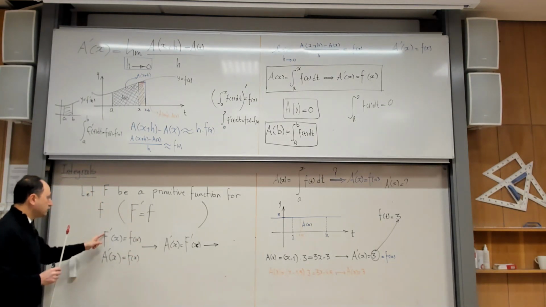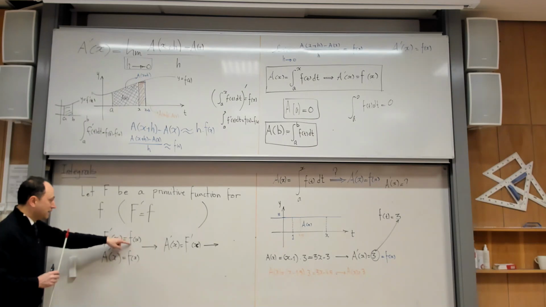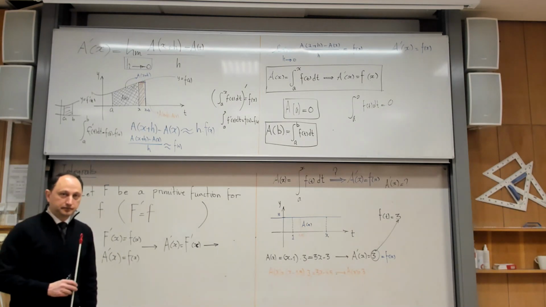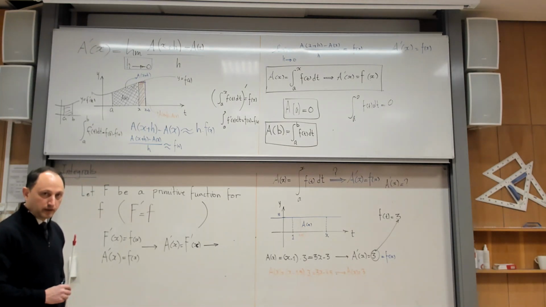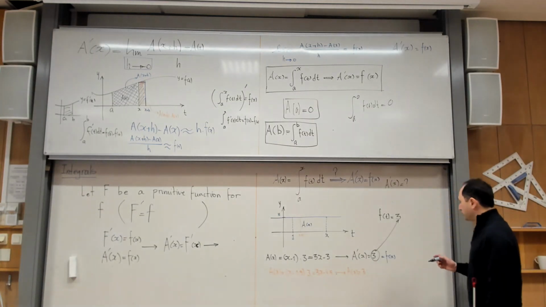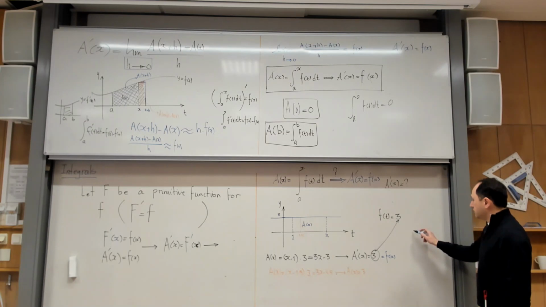If I have two primitive functions for the same function, what can I conclude about these two functions? Yes? A of x is equal to the primitive of f of x. No, better than that.